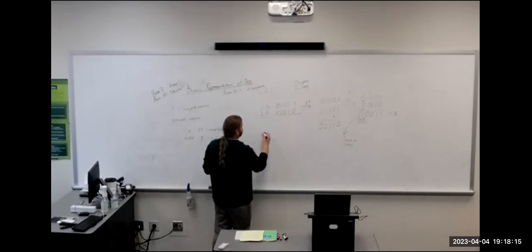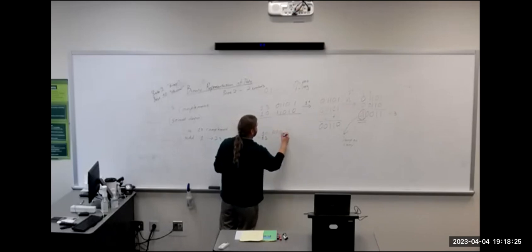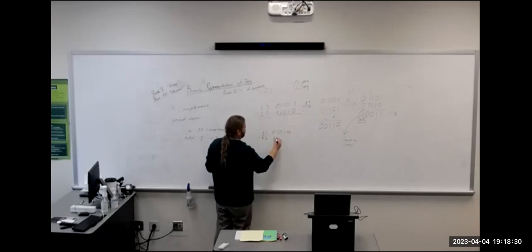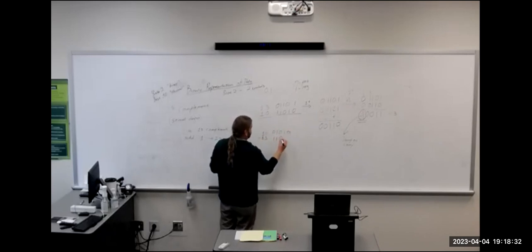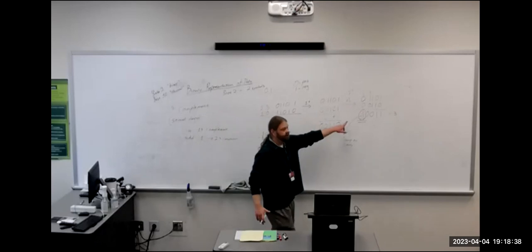Let me quickly do it the other way. So if we did 10 minus 13, 1, 1, 0, 0, 1, 0, 1, 0, and negative 13 would be 1, 1, 1, 1, 1, 0, 1. If we did it this way, we'd end up with a 0 there.